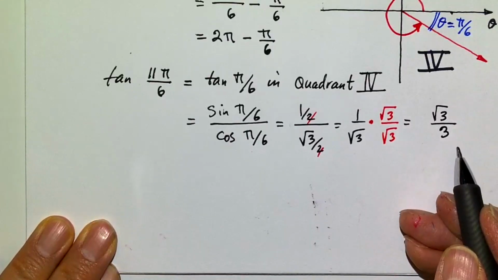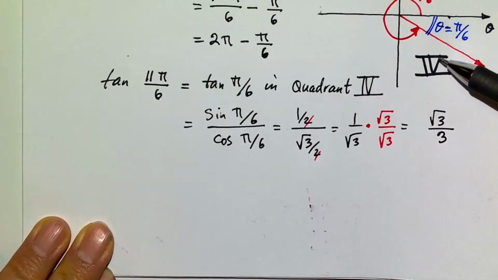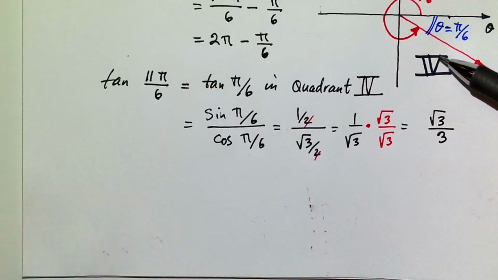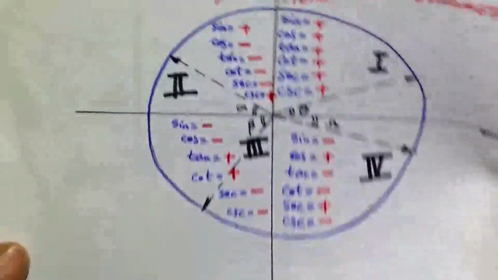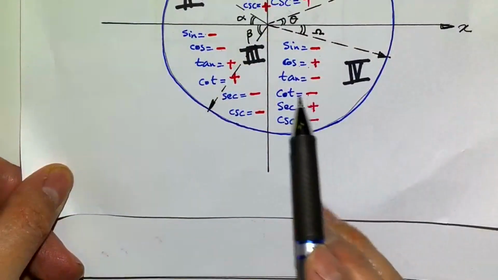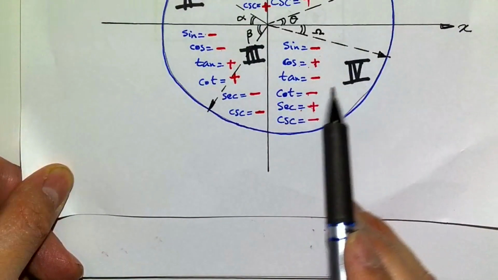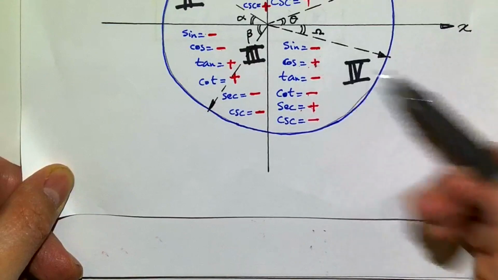Are we done? No. We just said that the tangent function in the fourth quadrant has a negative sign. And if I bring this back, this circle that I drew for you guys a few minutes ago, tangent in the fourth quadrant is negative. Of course, it makes sense because it's sine divided by cosine.